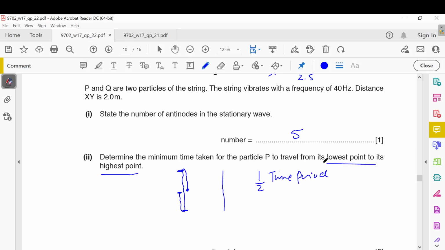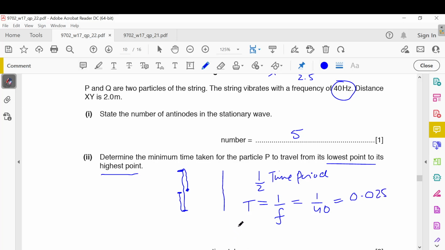And you can find the time period with the help of the frequency. T is equal to 1 over F. 1 over F means 1 over 40, and it gives us 0.025.